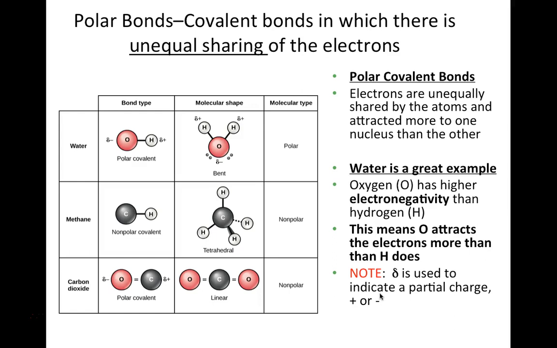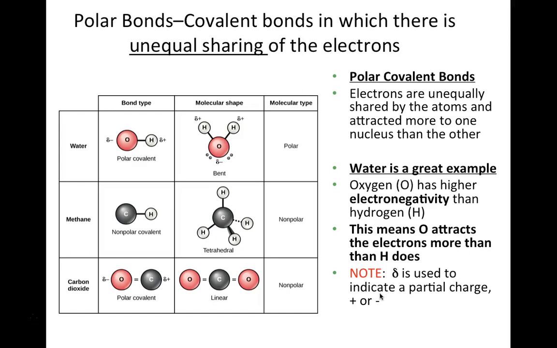On the other hand, if we take a look at the hydrogen atoms, the electron spends less time surrounding those nuclei, and so we see a slight positive charge. That's the delta plus sign on each hydrogen. These are described as polar covalent bonds.